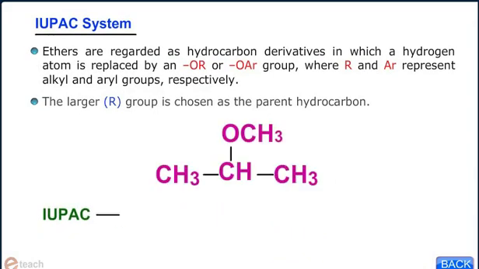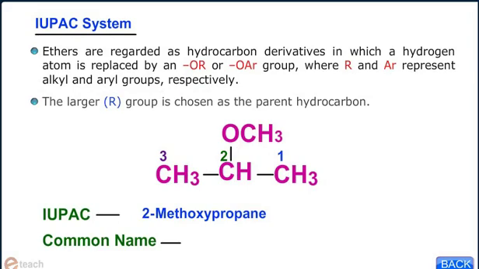The IUPAC name of (CH3)2CHOCH3 is 2-methoxypropane, and its common name is methyl isopropyl ether.